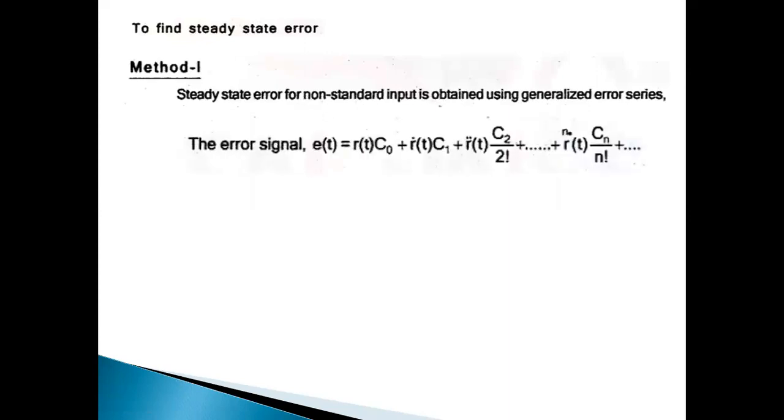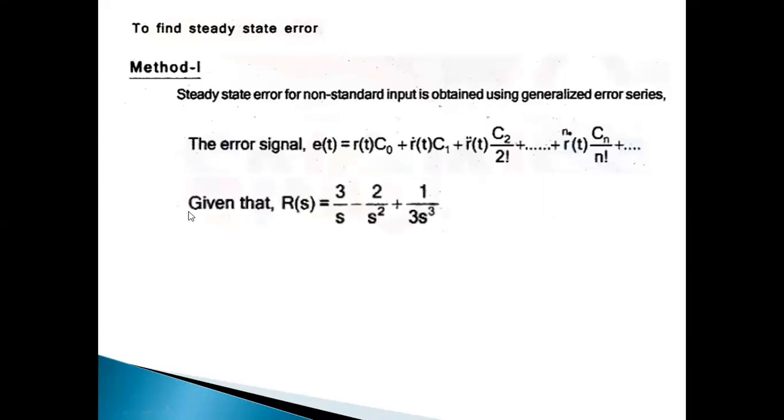So this is the error signal. E of t is equal to R of t into C0 plus the first derivative R dot of t into C1 plus R double dot of t into C2 by 2 factorial, and so on, up to the nth derivative into Cn by n factorial. Like that you will get the error signal.